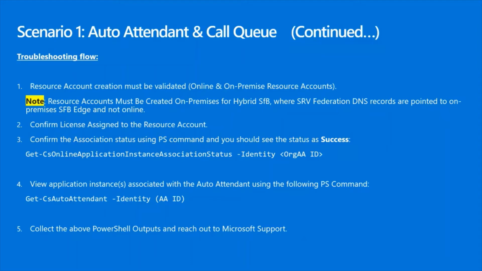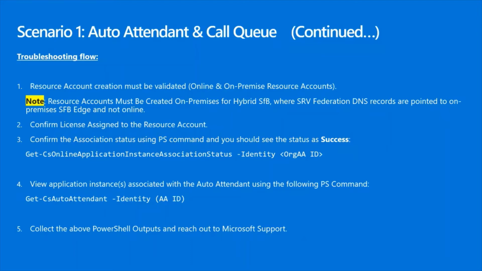Make sure you validate that the correct licenses are assigned to the user. Then you can confirm the application status using Get-CsOnlineApplicationInstanceAssociationStatus -Identity with the identity of your auto attendant. Make sure it shows success.